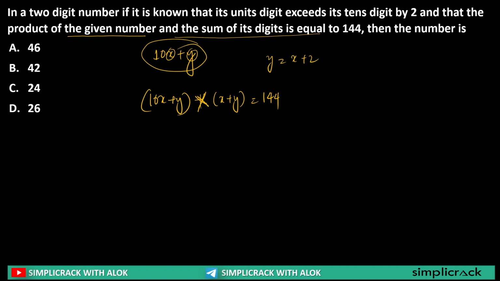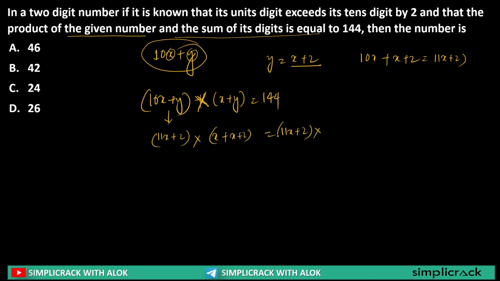So now what we'll do, we'll simply put values. 10x plus y is the number, so in terms of y I can write x plus 2. So the number is 11x plus 2, right? Clear? Yes sir, clear. So now here it will come 11x plus 2 multiplied by x plus y, which is 2x plus 2, is equal to 144.